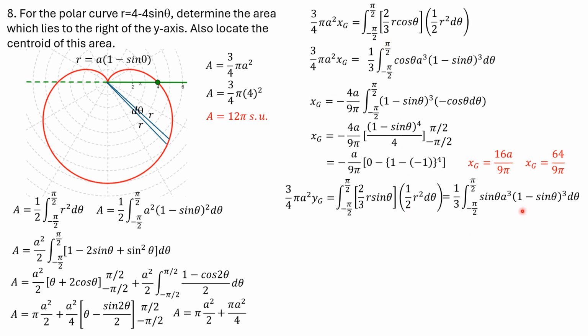If you want to verify using your calculator, likewise you can also verify this integral here, but I'm going to expand quantity 1 minus sine theta cubed first, distribute sine theta, then evaluate the integral. So y sub g is 4a over 9 pi, then the integral from negative pi over 2 to pi over 2 of sine theta minus 3 sine squared theta plus 3 sine cubed theta minus sine to the fourth theta d theta.